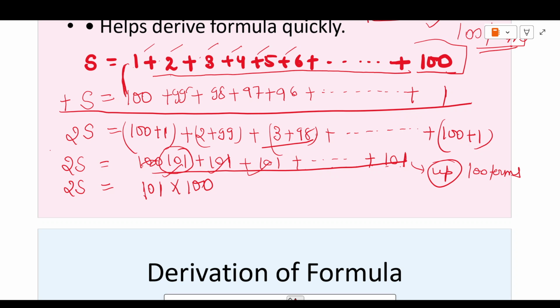So we can write 101 into 100, right? So S is equal to 101 into 100 divided by 2. So what is the result? Here it is 50, and S is equal to 5050.